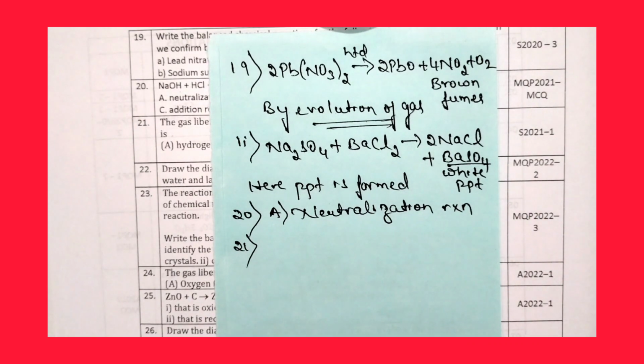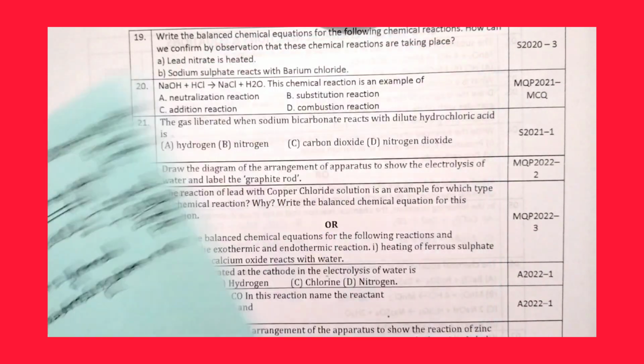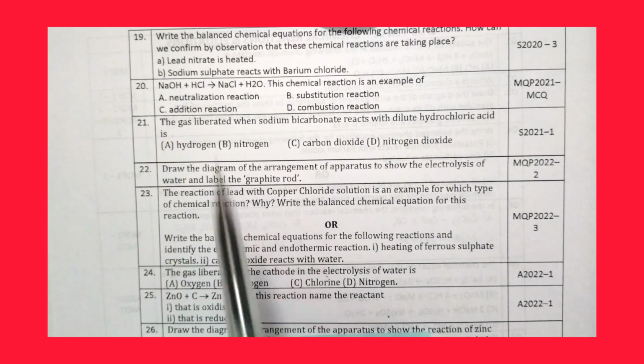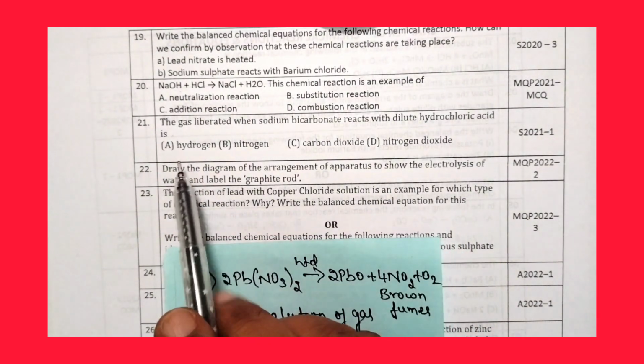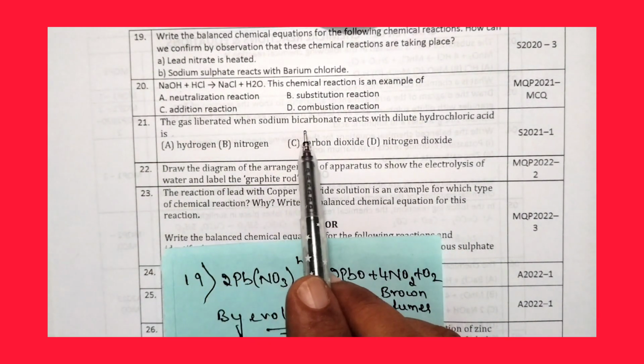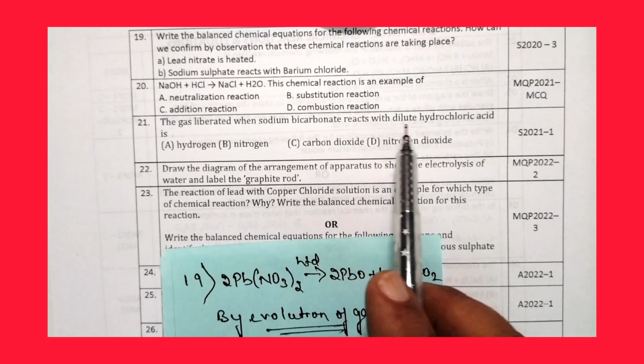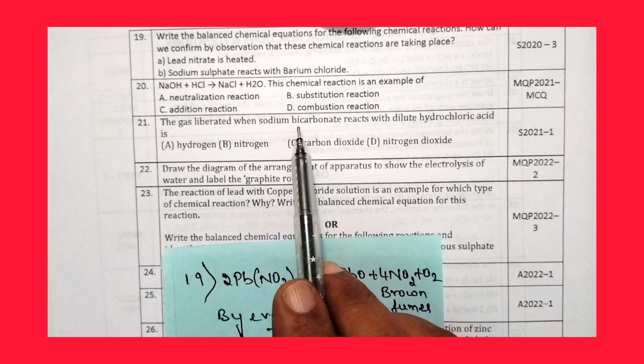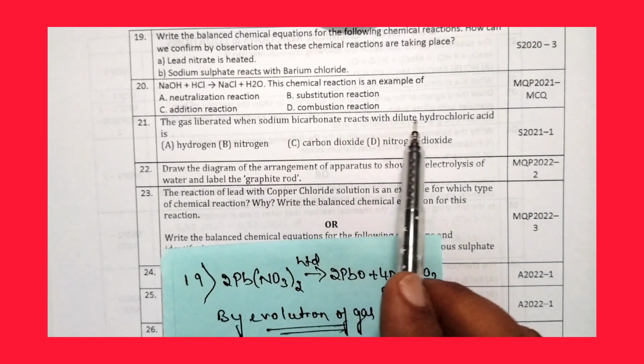Now let us move to the 21st question, not 22nd, 21st. The gas liberated when sodium bicarbonate reacts with dilute hydrochloric acid. See, this is metal bicarbonate, this is acid.